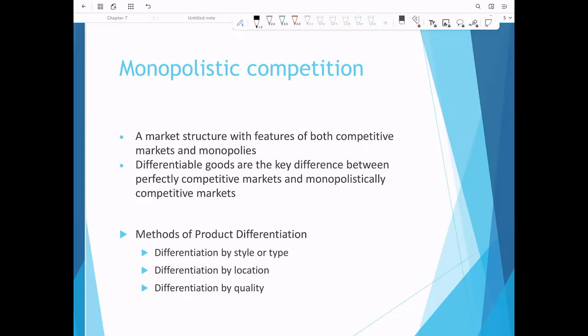Like location, you're saying the location is totally different? That's a good question. Maybe that was a bad example.